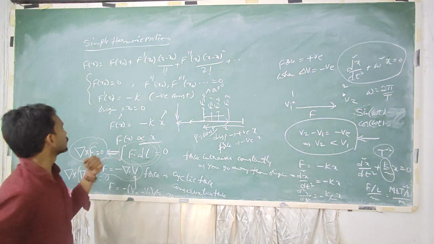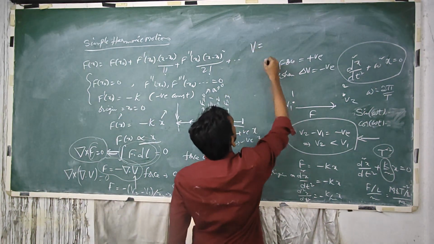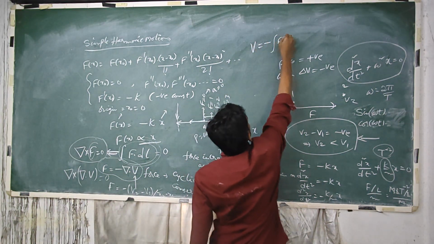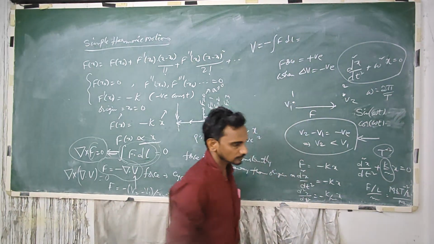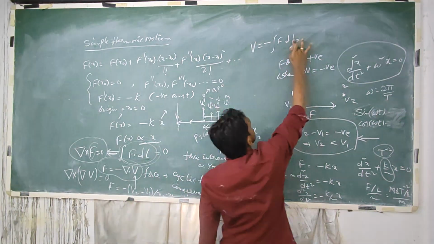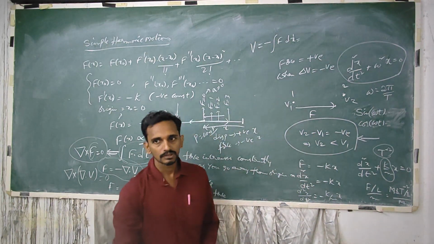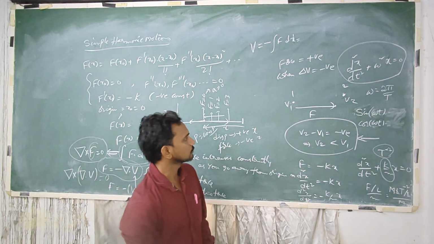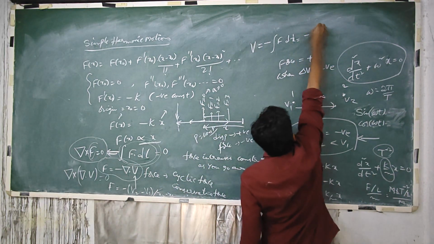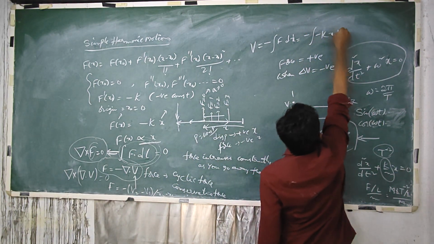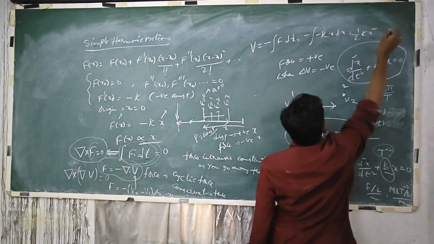So then how to get that potential? V is equal to minus integral F dot dx. F is equal to minus kx, so integrating gives half k x square.